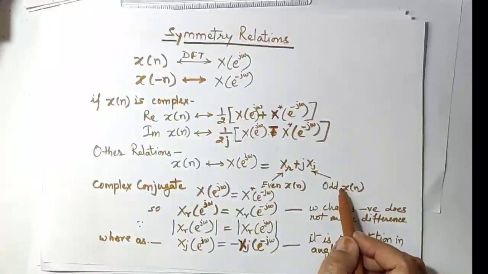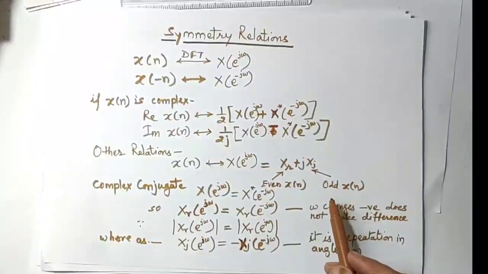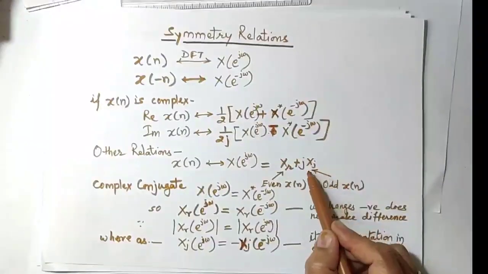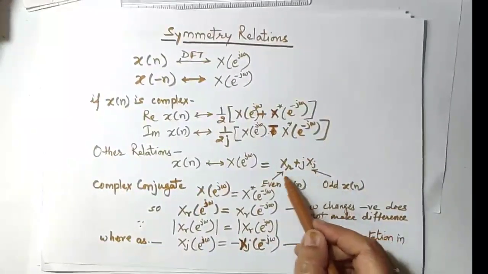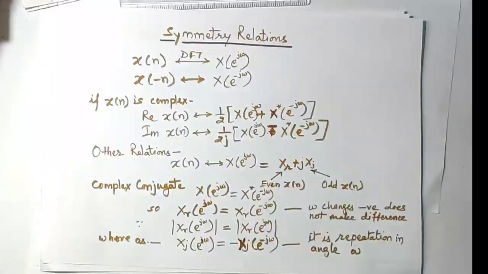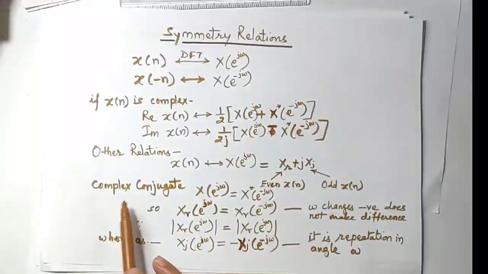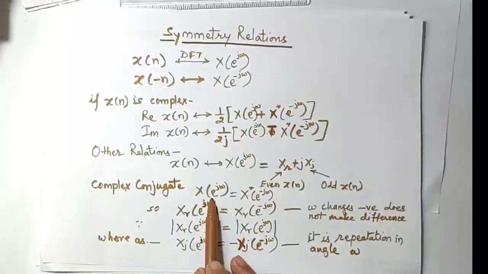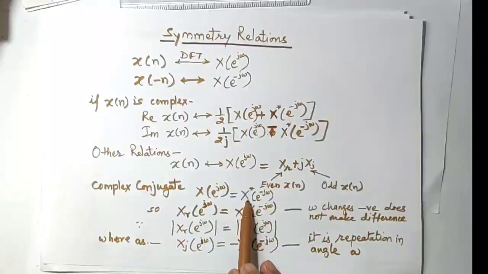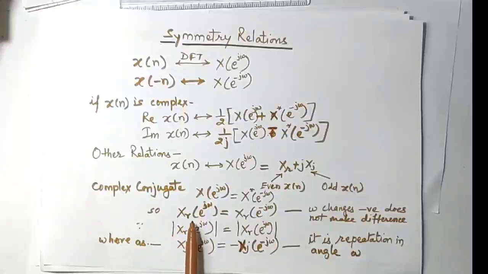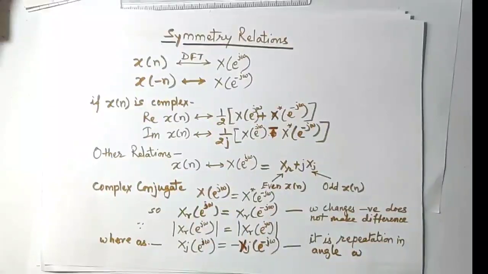Also, in the introduction I told you that whenever we go through the computation, we take the imaginary part multiplied with j and treat it within the real part, so we compute with real calculations. If we have the complex conjugate, then X(e^jω) is the complex conjugate of X(e^-jω), so the real part of X(e^jω) will be the real part of X(e^-jω).